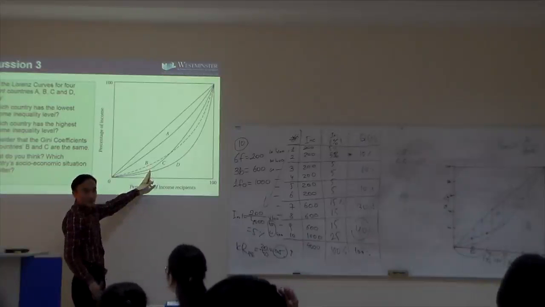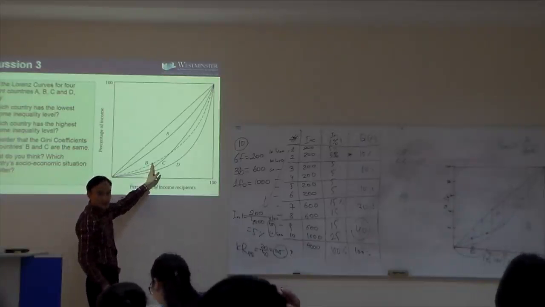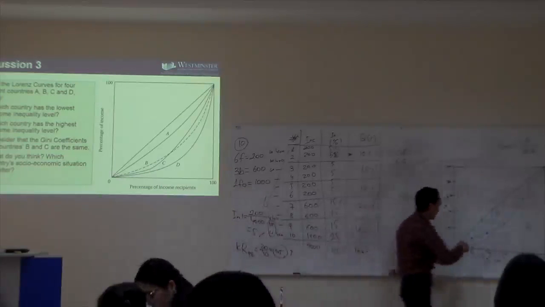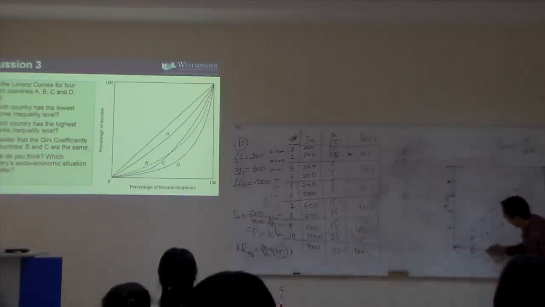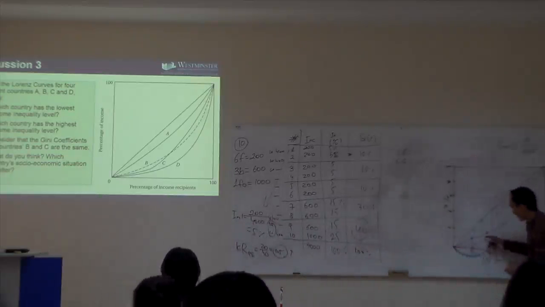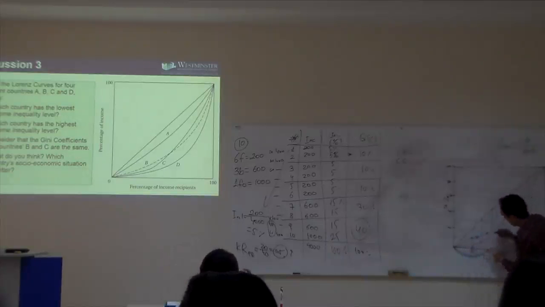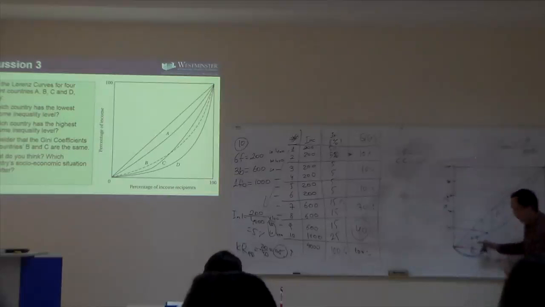So his argument is that in country B the poverty level is less compared to country C. If you look at the lowest 40% of the population, their income share is, let's say, 20% in country B, while in country C it is only 10%.